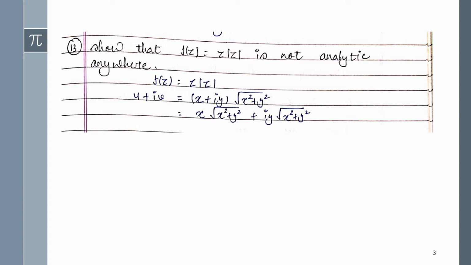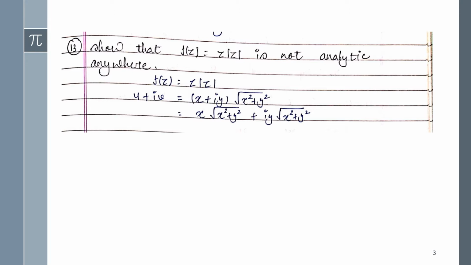F of z is given, z into mod z. Now what is mod z and what is z? Z, you know very well, is x plus iy, and mod z, which we learned in our very first session, equals under root x squared plus y squared.